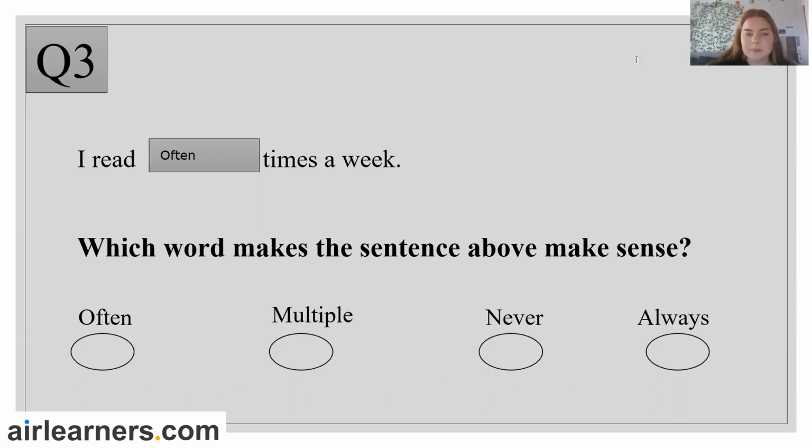Does that make sense? No, it does not. I read multiple times a week. Does that make sense? It does to me. So let's put a little cross there and a tick here, but let's continue on just in case.